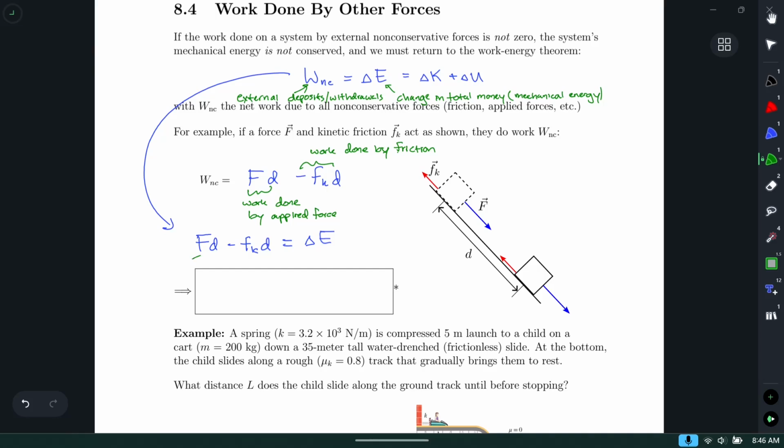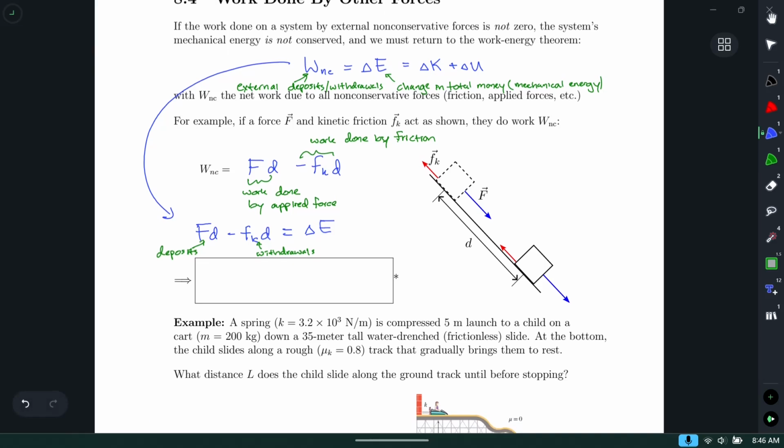So this is your deposits. This is your withdrawals. And on the right is still your change in net worth. If I expand out the right-hand side and do some rearranging, I can write it like this. I'll just write the whole thing and then explain.